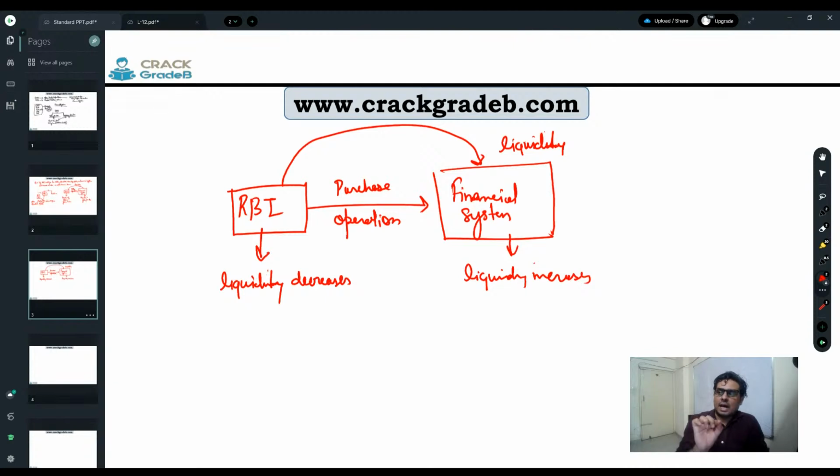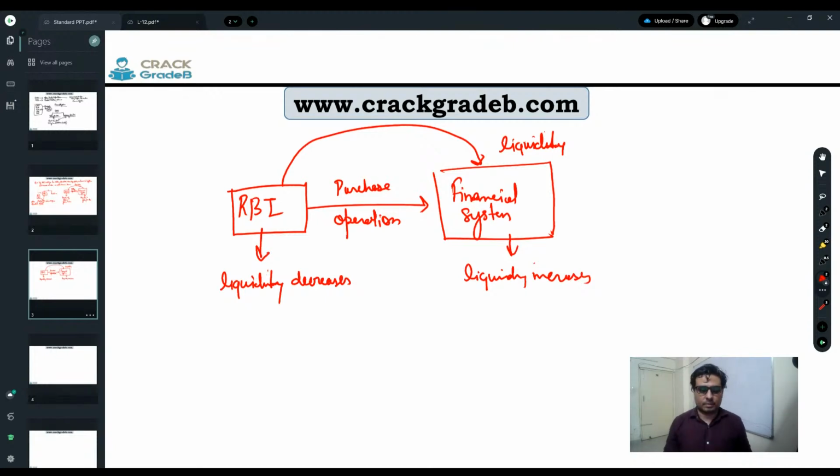Banks' liquidity will definitely be affected because banks are also participants in the open market. But if the statement says only banks, then it is incorrect.